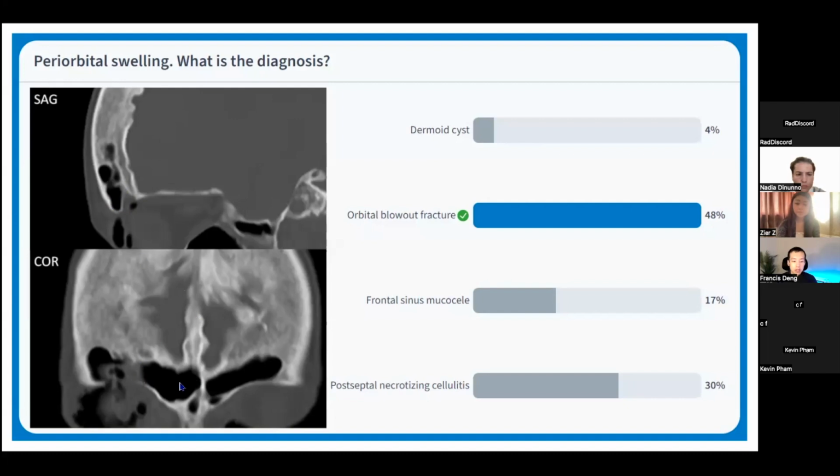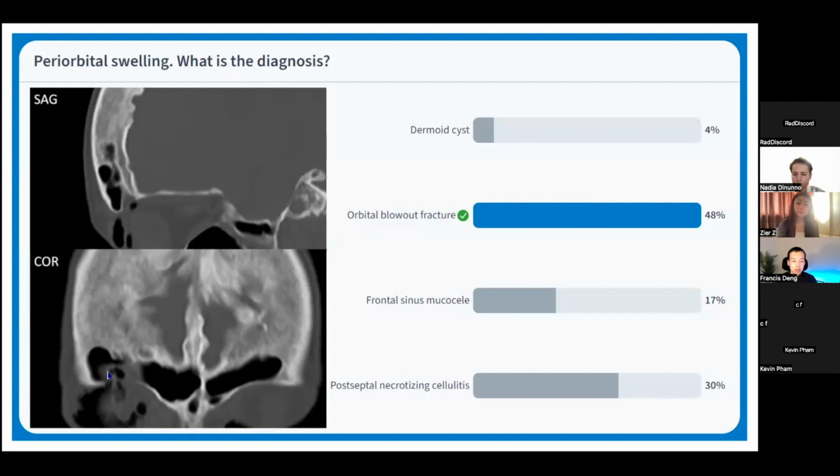The frontal sinus on the right, aside from this focal abnormality, is not opacified. These findings are most consistent with an orbital roof blowout fracture, in which part of the orbital fat has herniated upwards, and some of the air in the frontal sinus is dissecting into the soft tissues below.